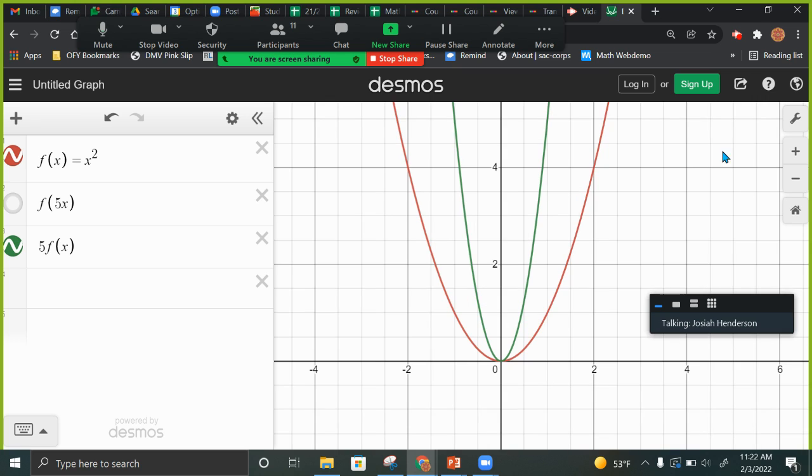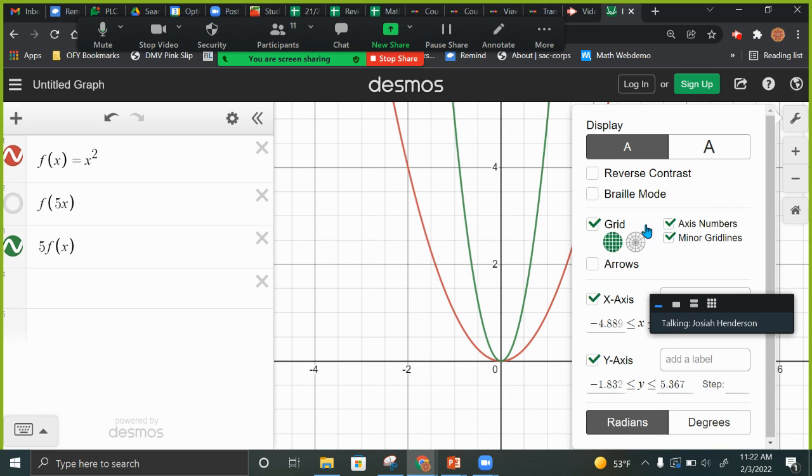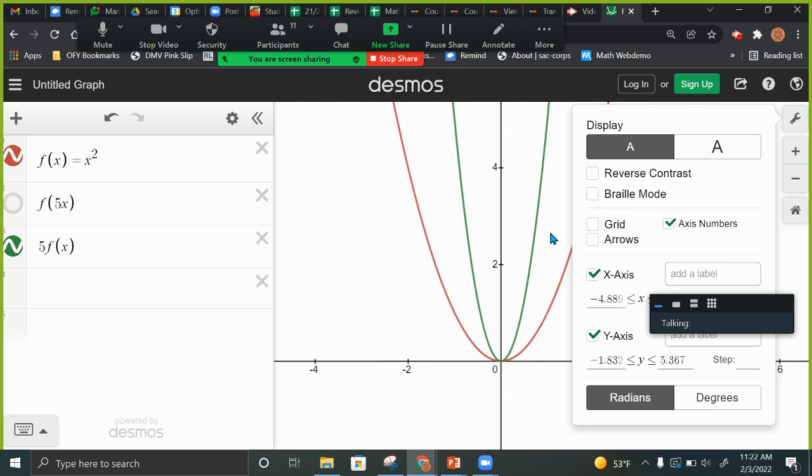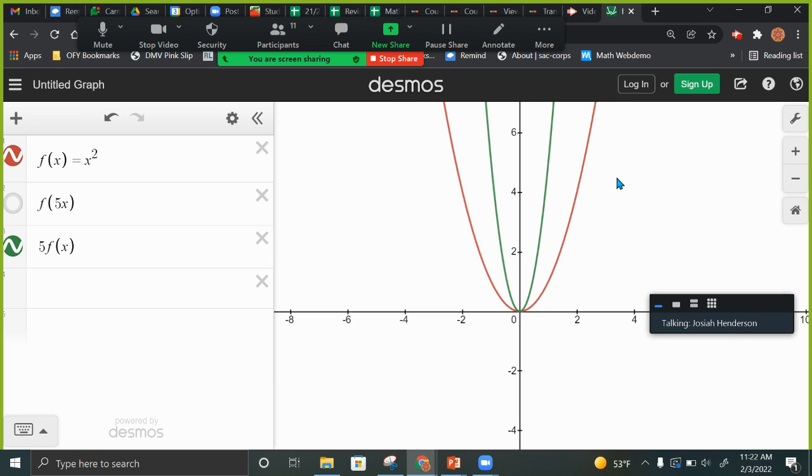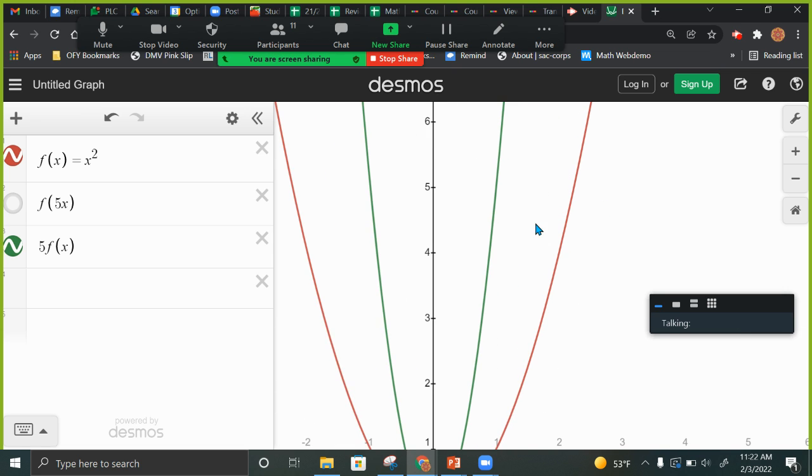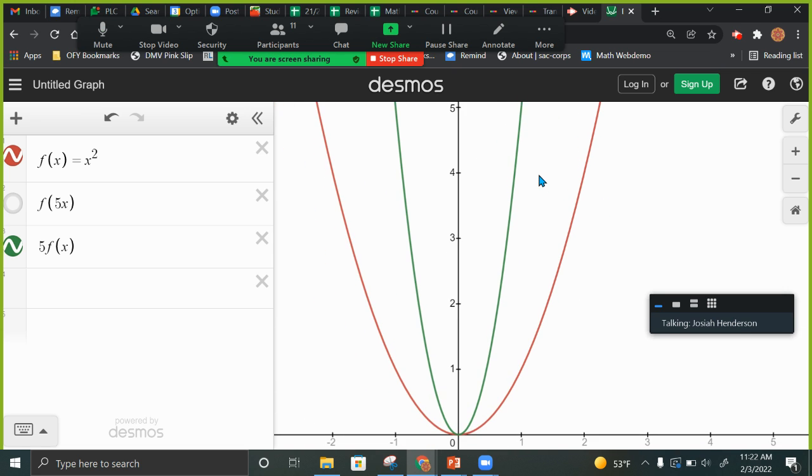Oh, that's why, because I've got these grid lines here. Let me change this. Where's 5 at? There it is. Trying to get it right on. There it is, 1 comma 5. So it went over 1, up 5. So it's been stretched upward by a factor of 5.